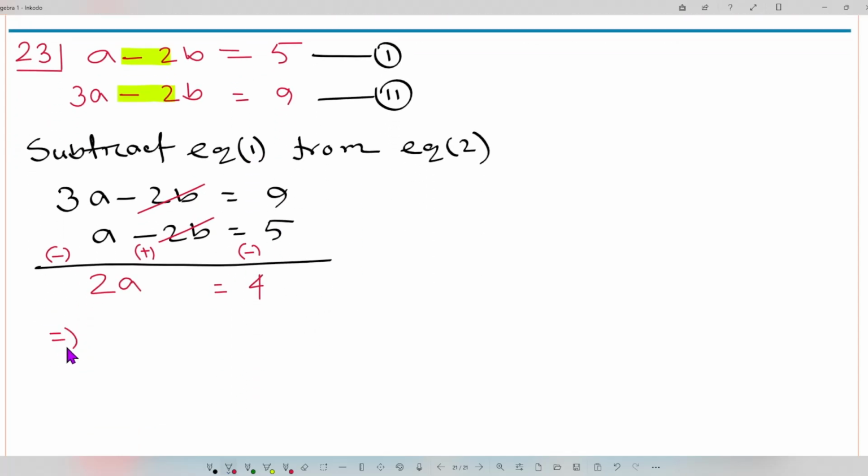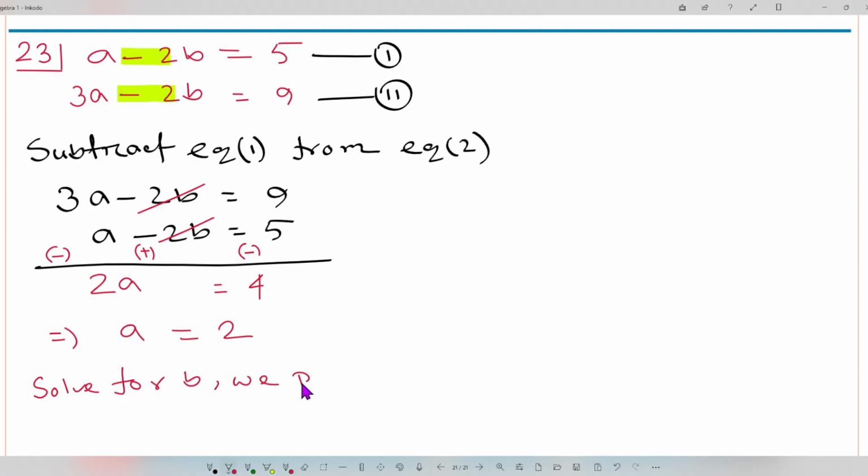So once we divide both sides by 2, we will get a equals to 2, right? Now this a will be substituted into any equation. So we can use, suppose, equation 2, solve for b.